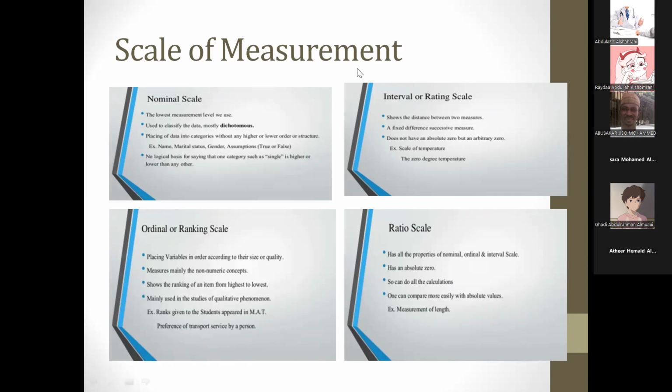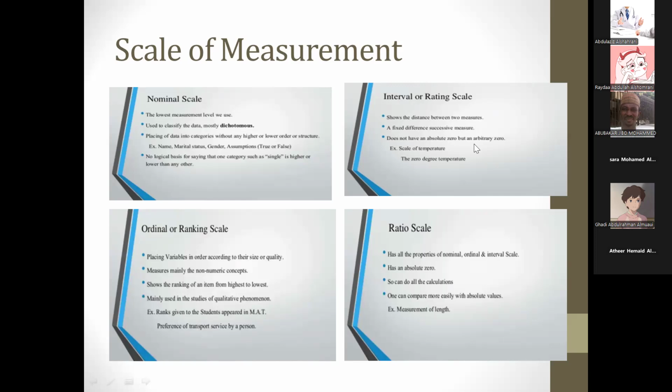Now, the next thing is, let's remind ourselves about the interval scale or the rating scale, which shows the distance between two measures, and a fixed difference, for example the Richter scale. And the last scale of measurement, which helps us to know the type of data we have, before we even think of the type of analysis we are going to use, is the ratio scale.